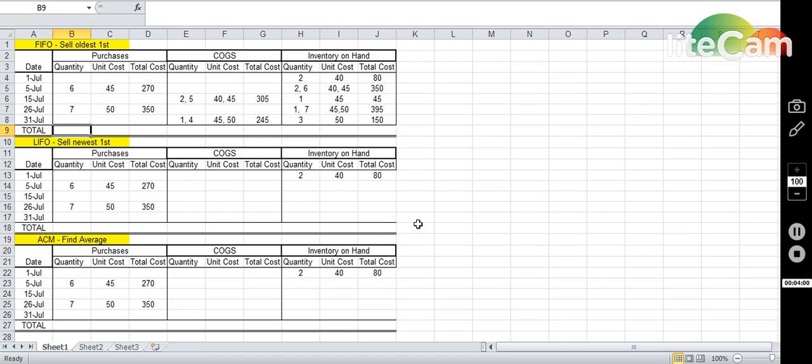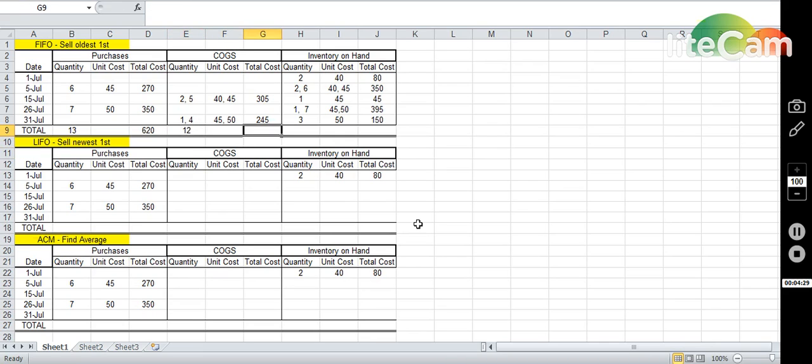So my purchases, I bought a total of 13 during the month of July for a total cost of $620. My cost of goods sold, so I ended up selling 7 and 5. I'm totaling them up.